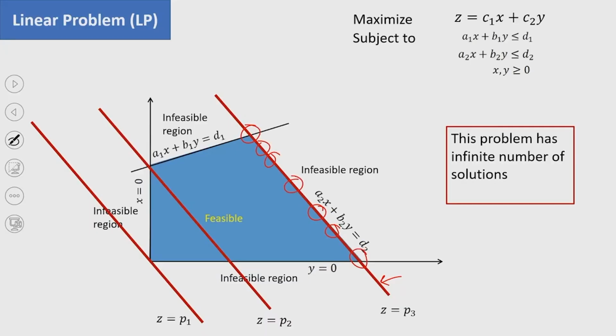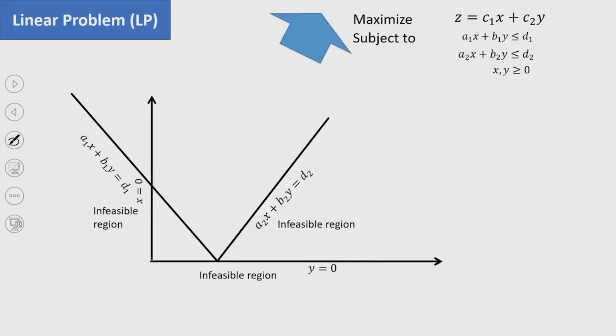So, this problem has an infinite number of solutions, that means any feasible solution on this particular line is a maximum solution. So, you can say that this particular problem has an infinite number of solutions. Let us see this problem. Here this is the infeasible side.